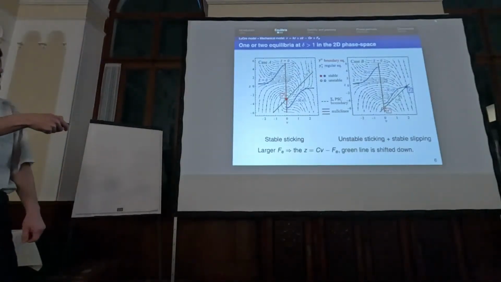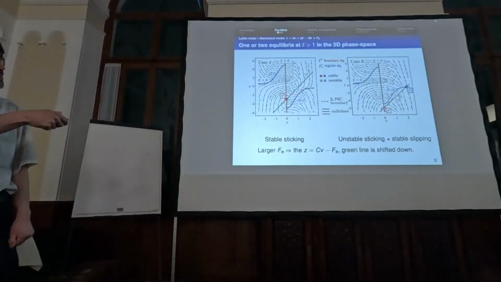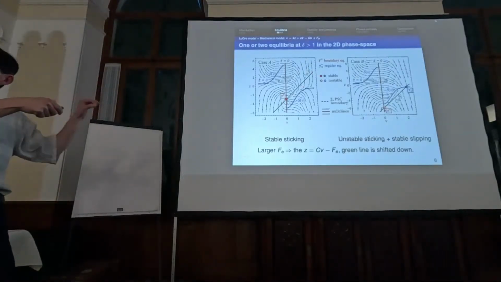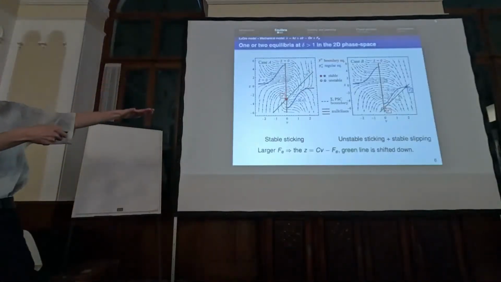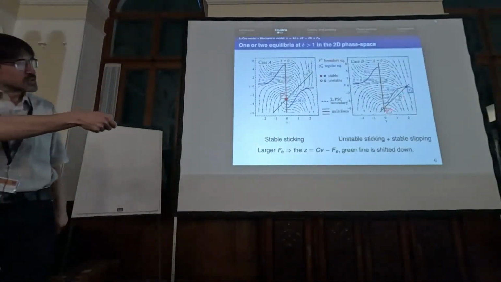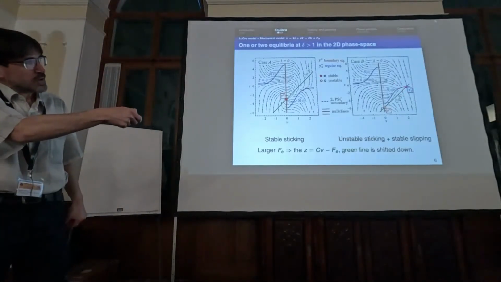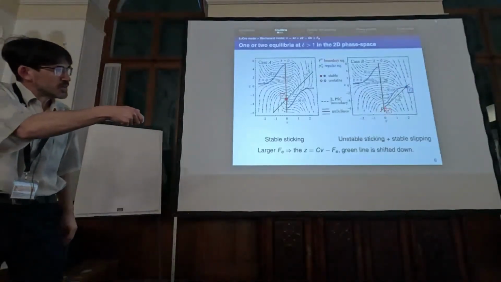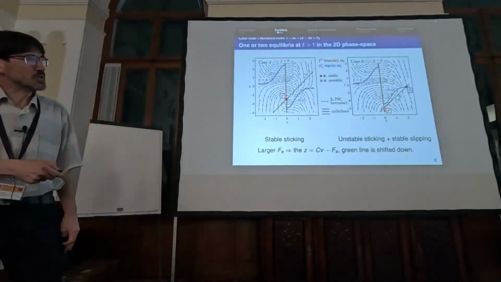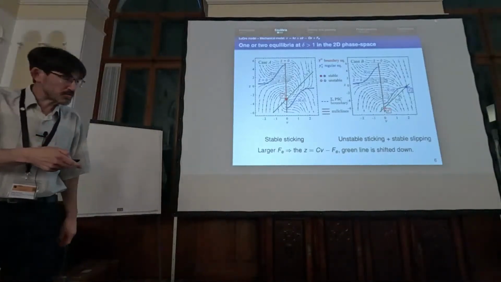It is a sticking equilibrium. And if we increase the external force that pushes the body, then this line will be shifted downwards, and at a sufficiently large value, we obtain a slipping equilibrium point, and a sticking equilibrium point also that is unstable.